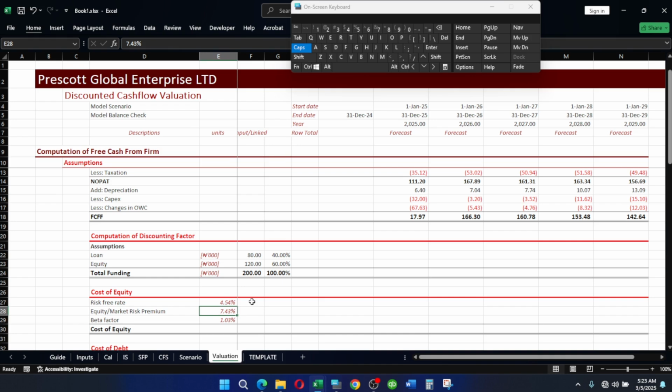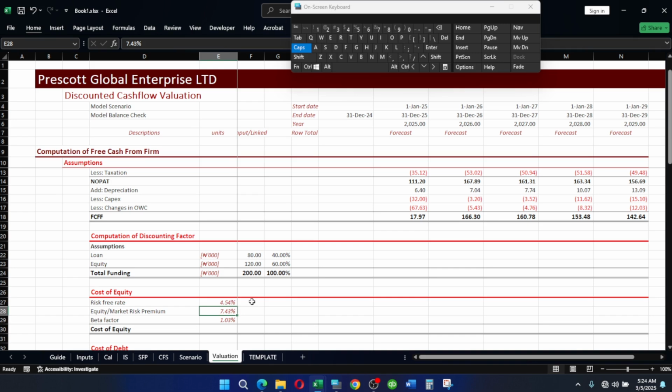So the market risk premium is the extra return the investor expects to get at the end of the period. Investors compare the potential returns of stocks with the market risk premium to see if the investment is worth the risk, and they also use it to calculate the cost of equity.